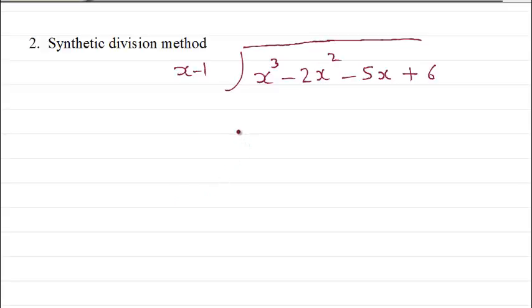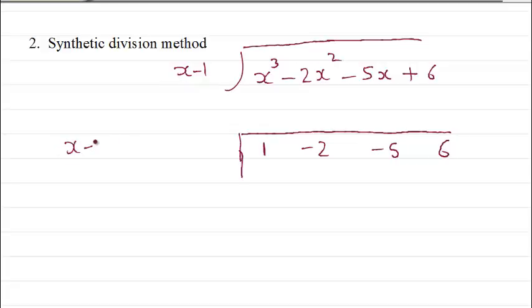Step 1, you just write your coefficients here. The coefficient of x cubed is 1, so just write 1 there. The number before x squared is minus 2, right there. Then write minus 5, then write 6.